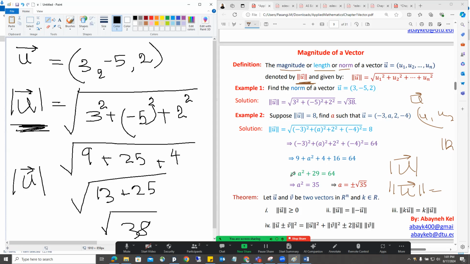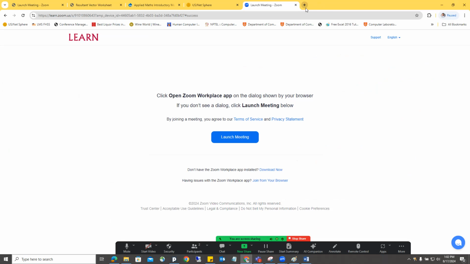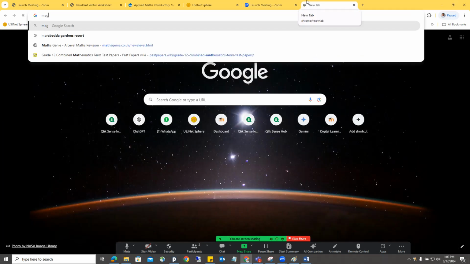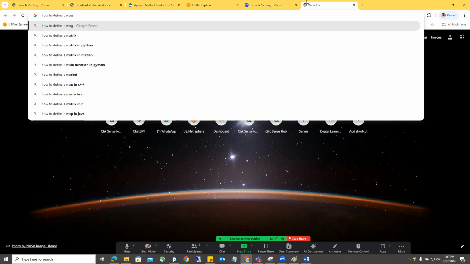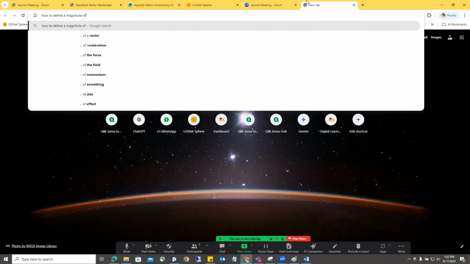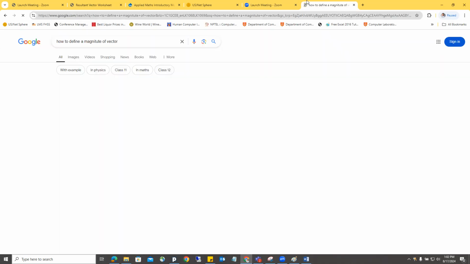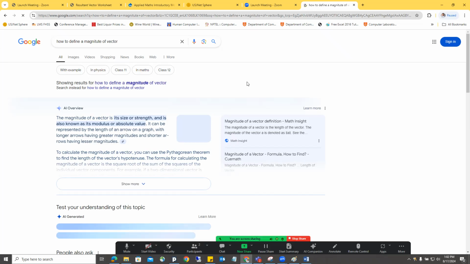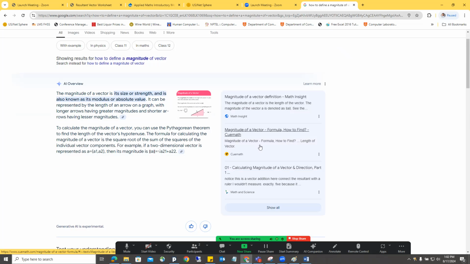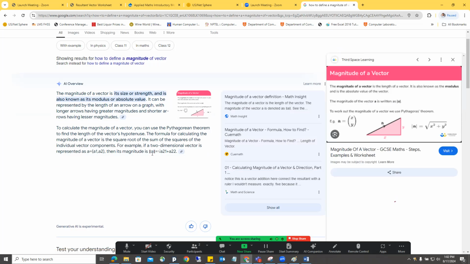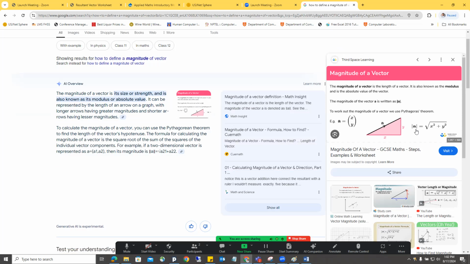Is it clear? Yes. Okay, if I show you an example of how to define the magnitude of a vector, see, they have used two lines, or you can say they have used a single line as well.